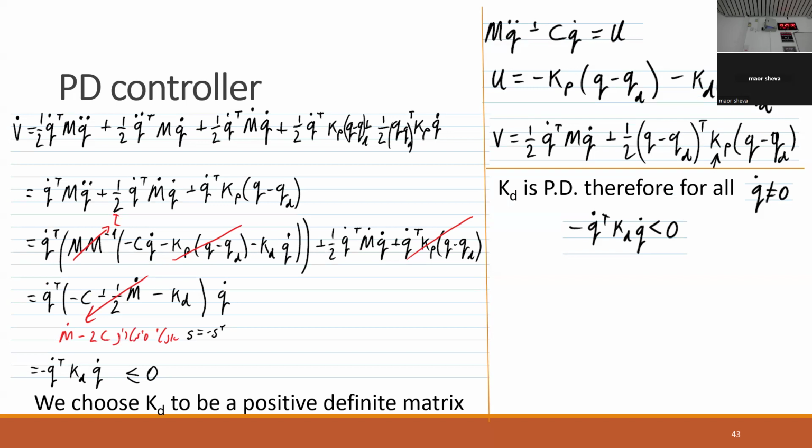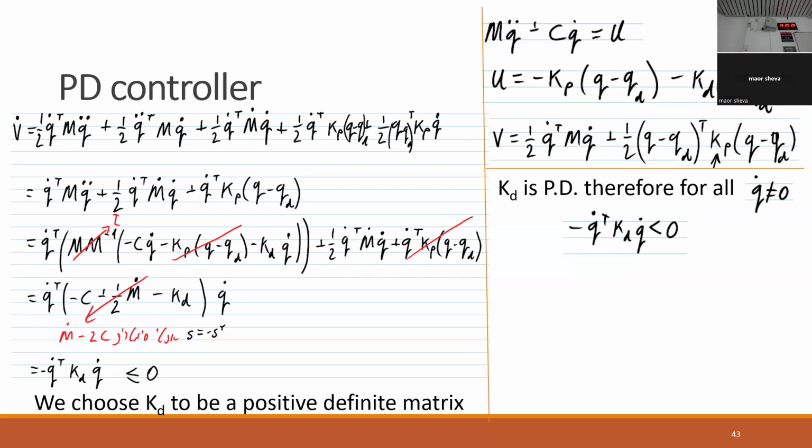Next, I need to take the derivative of the term with Kp. The derivative of q minus qd is q dot only, because qd is constant.